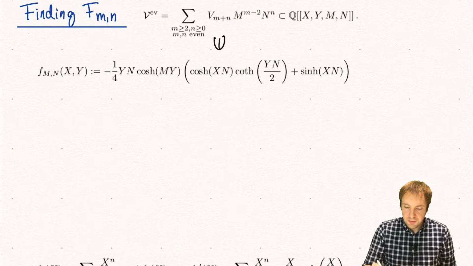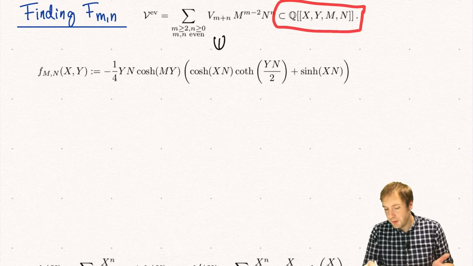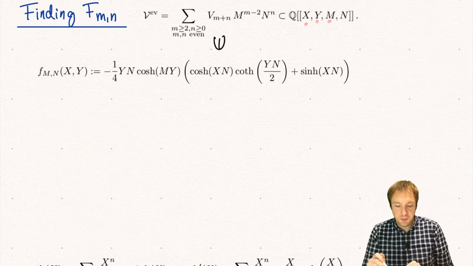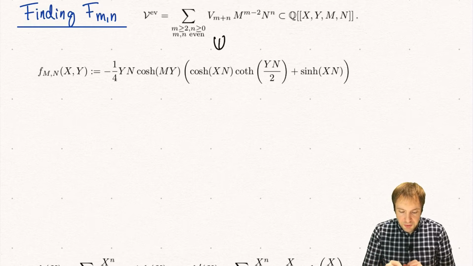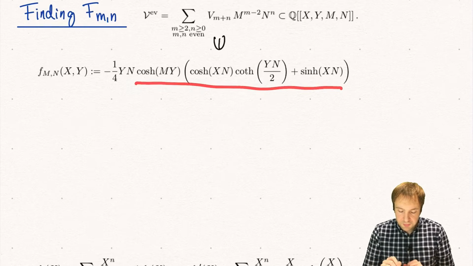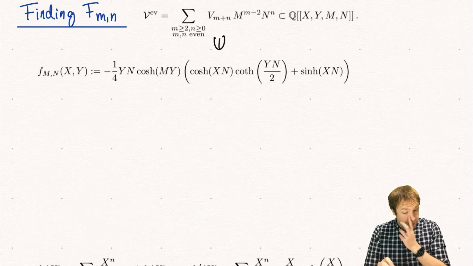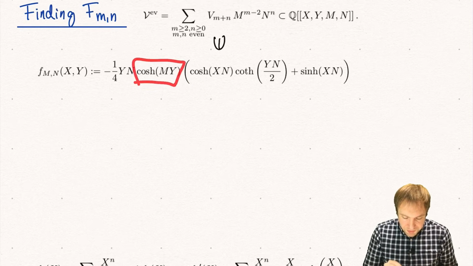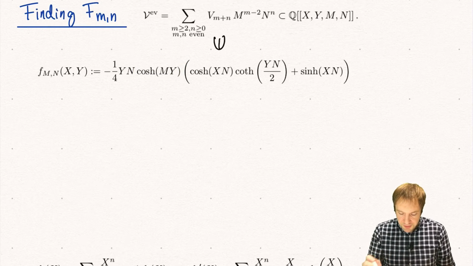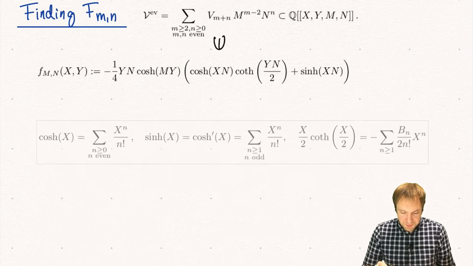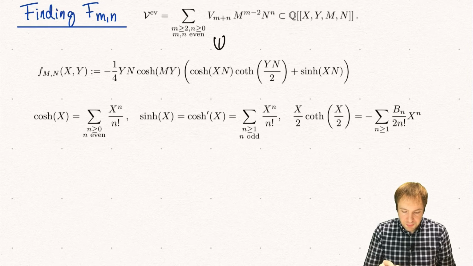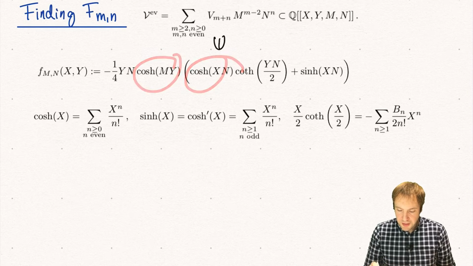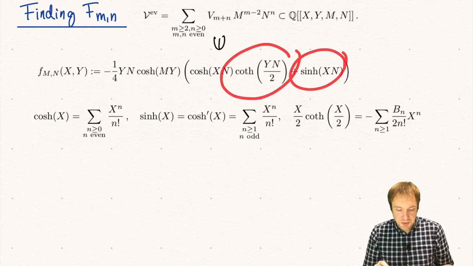Or you can also just think it's a formal power series in these 4 variables with rational coefficients, which is given by these products of hyperbolic trigonometric functions. So we have this hyperbolic cosine here, and the hyperbolic sine, and the hyperbolic cotangent.